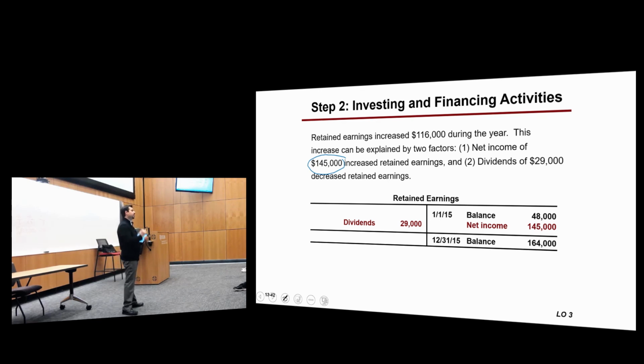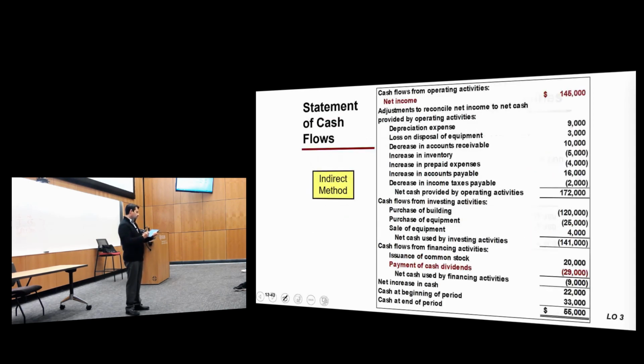But the company also paid dividends, $29,000. This is a cash outflow, so it will be deducted here. You add those amounts, and it will give you net cash flows used by financing activities.